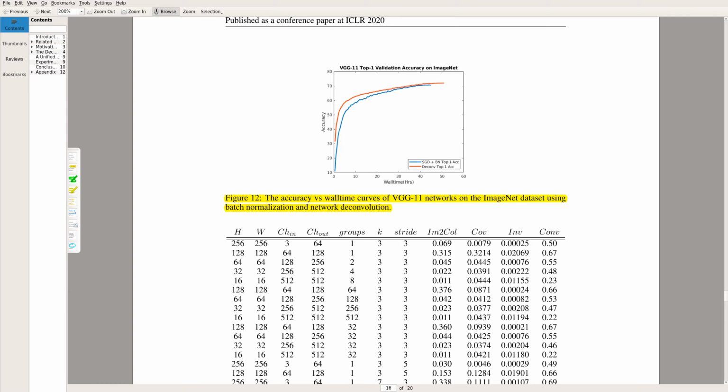It's a graph of accuracy compared to wall time, and of course, when you want higher accuracy or higher wall time, the difference of the deconvolution compared to SGD becomes smaller. But if you want sort of low accuracy, then you can get there faster.